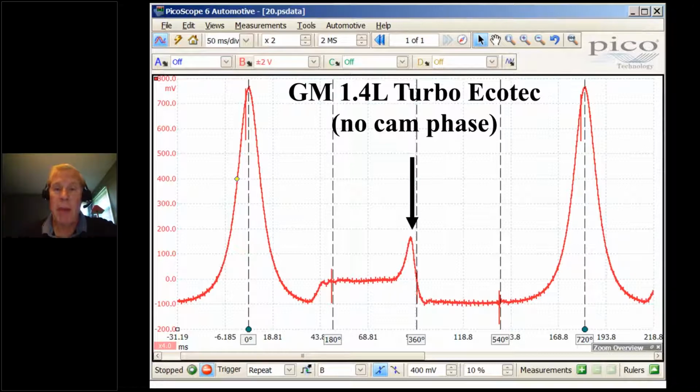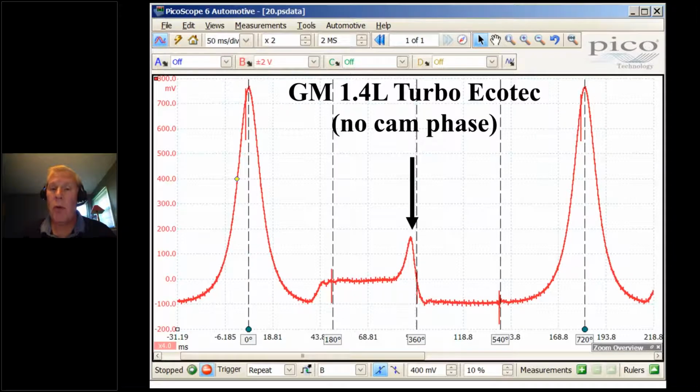Again, I'm trying to make 2 points. I don't want to be confusing. That's not my goal. So this is normal. Most of us today, we save patterns. When I did this 1.4 liter, my thought was that in the future, I will diagnose a 1.4 turbo Ecotec in which there's a cam timing problem, and I would like to have known good in my database. So I have a choice.